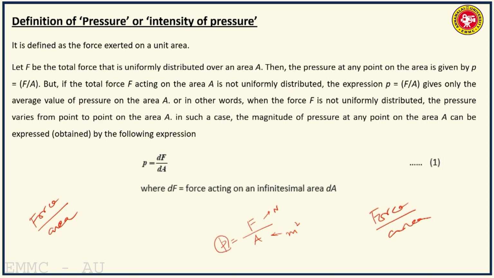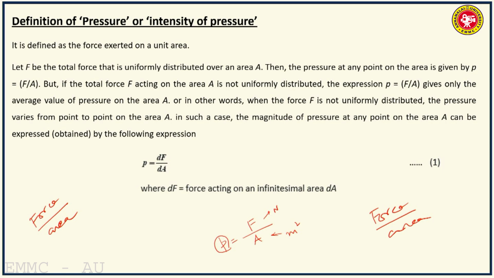Therefore the pressure will be force divided by area. There is a uniform pressure intensity as the force is uniformly distributed over the area. So you have the pressure intensity having units Newton per meter square, the SI units of force.